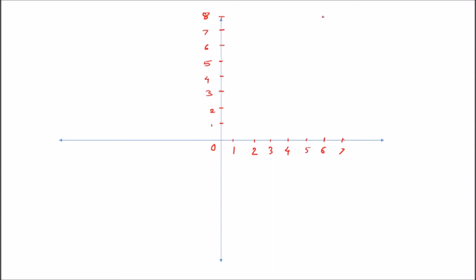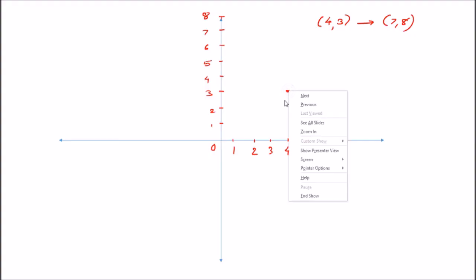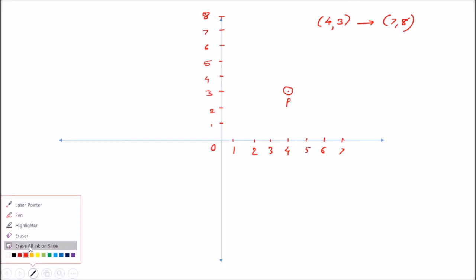Now we'll also draw this. As we know, our coordinate is 4, 3. It is translated to 7, 8. First we draw 4, 3. This is nothing but the point P. It is translated to 7, 8, almost here.